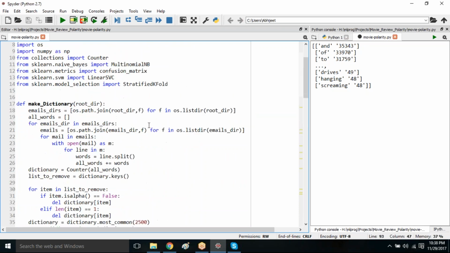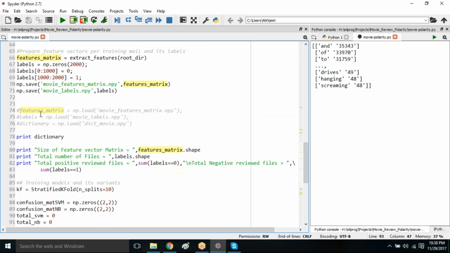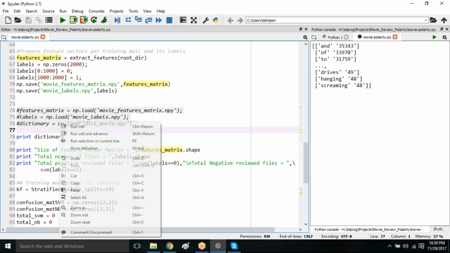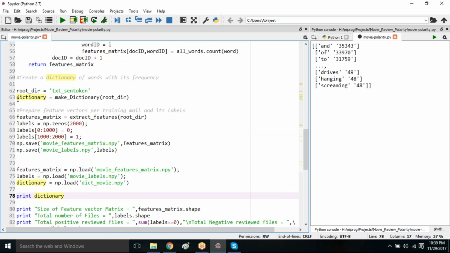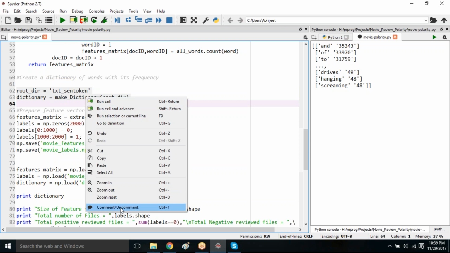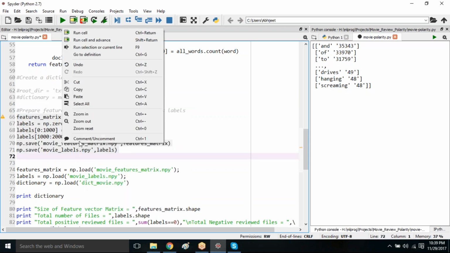Yeah, what I will do probably is get this feature vector matrix from here, and I will comment out this part because it is quite a time-taking part.